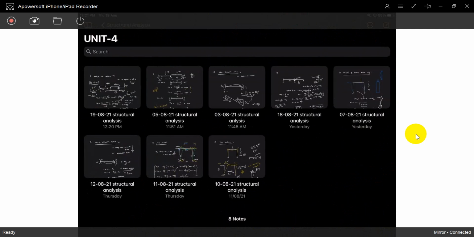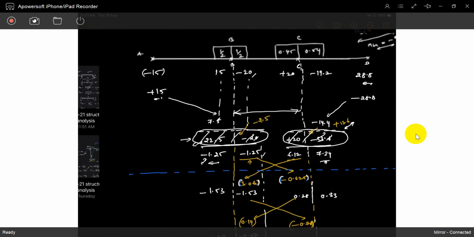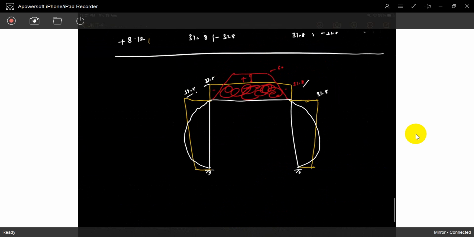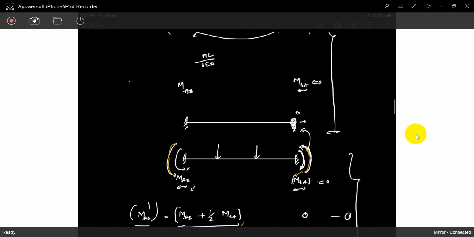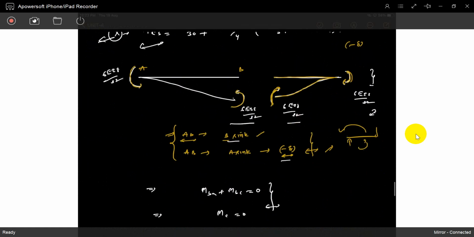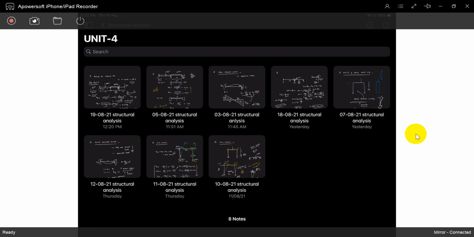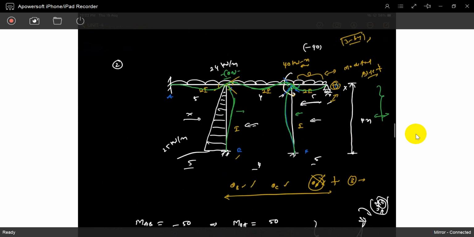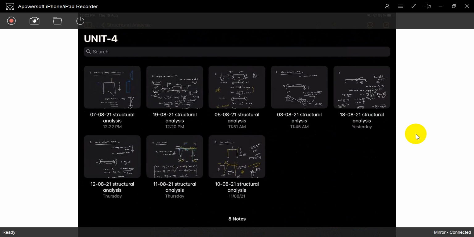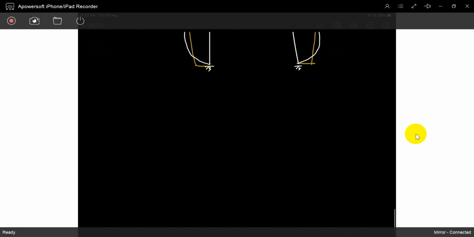Here is the problem. Now moment distribution. This lengthy problem we will solve, which has 3 joints. So now we will see that lengthy problem.